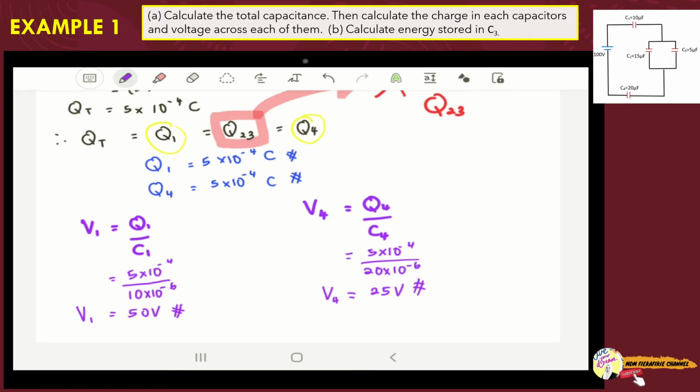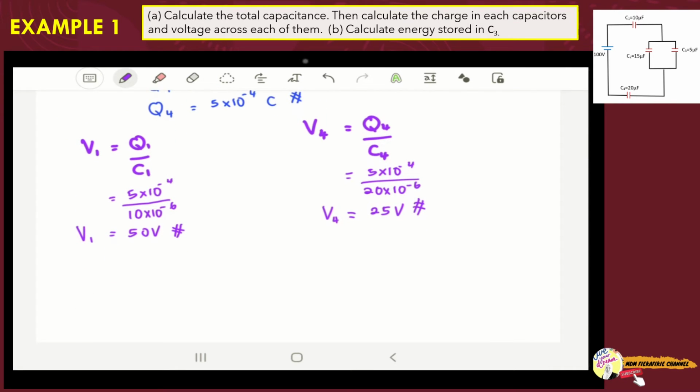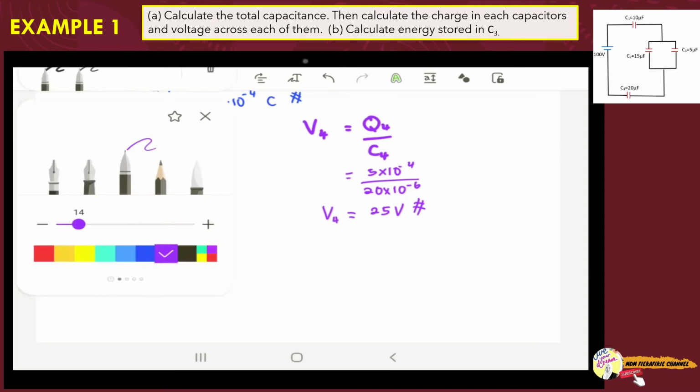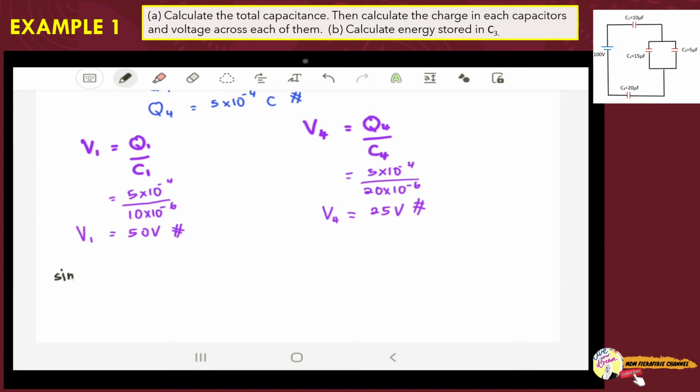Alright, so now we can proceed. Okay, so we actually can find V23. Okay, so since C23, C1 and C4 are in series, therefore V total equal to V1 plus V23 plus V4, sebab they are in series, right?